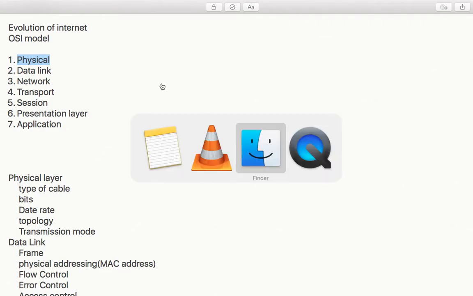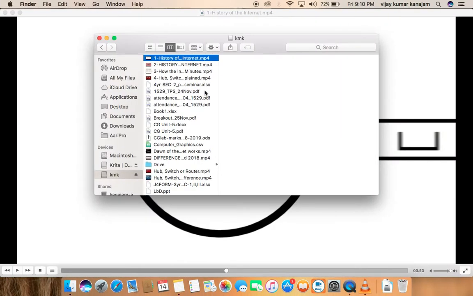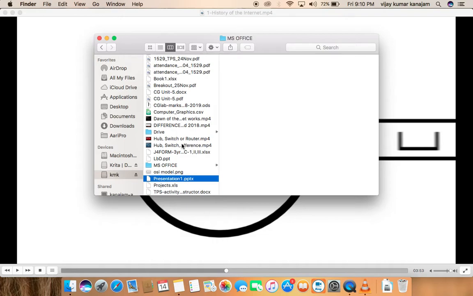Now we'll see a small diagram. There is one diagram I had with me, the OSI model.